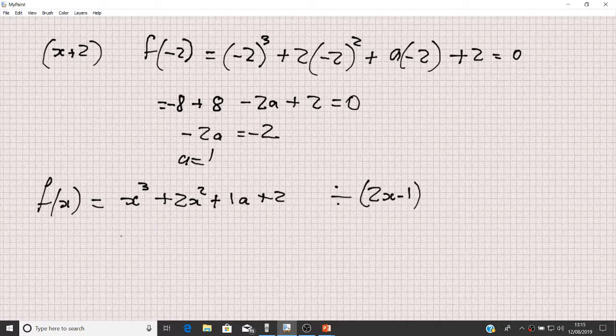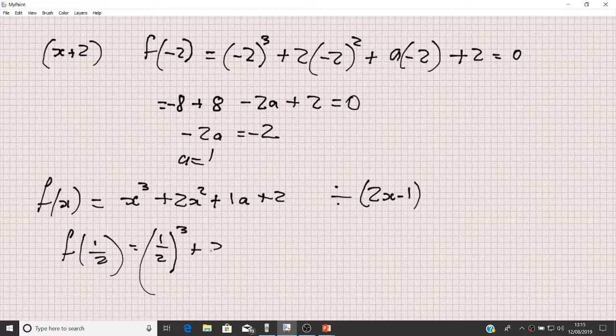So using the remainder theorem, we'll go f of positive 1/2. And that will give us 1/2 cubed plus 2 times 1/2 squared plus 1/2 plus 2. Okay, again, I'll just bring up the calculator to do that.